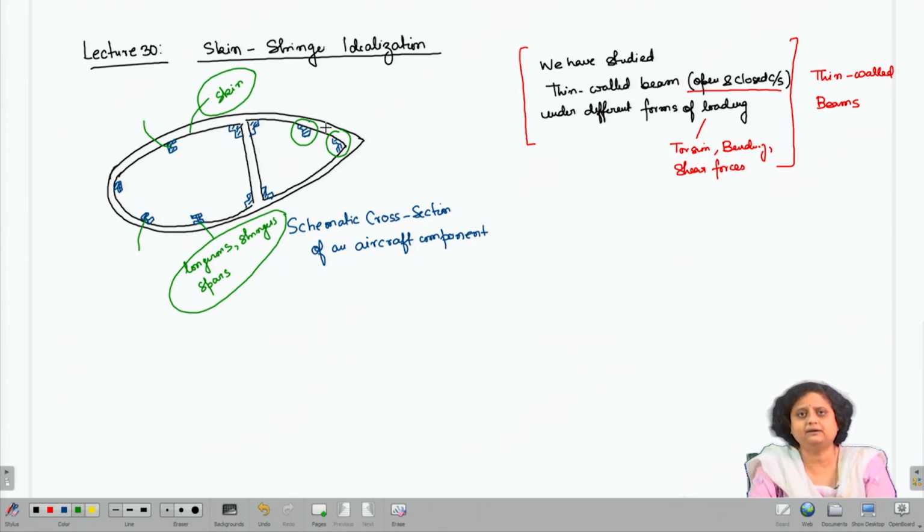Now, the second part is that when we are at the design stage, when the actual configuration of the structure is not yet fixed, then we have to repeat the calculation several times.